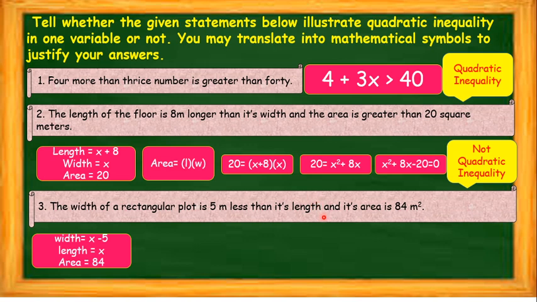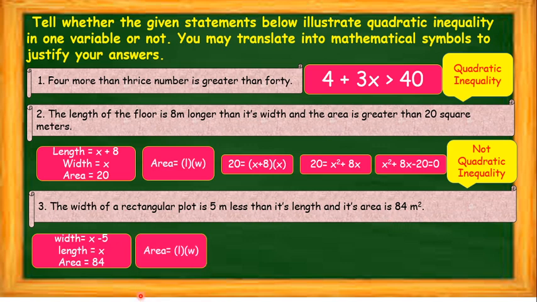We don't have any representation for the length, so we let the length be x, and the width is 5 less, so we subtract 5 from the length to get the width, x minus 5.